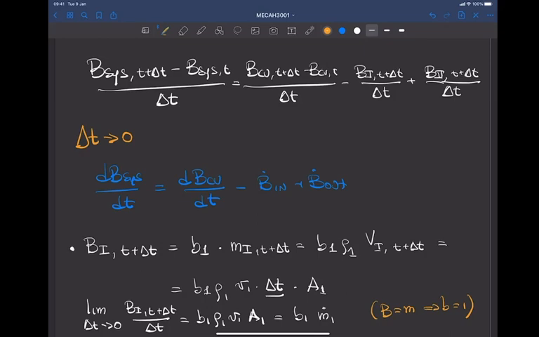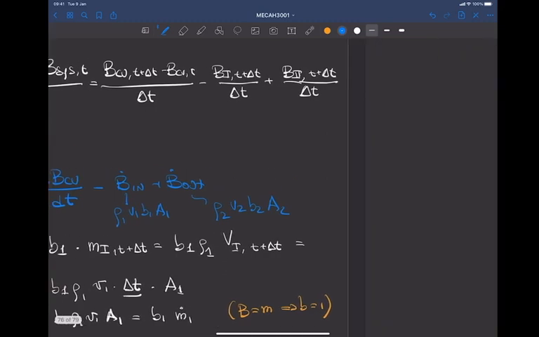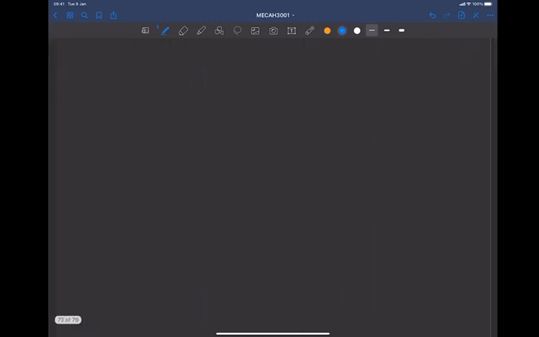So to summarize here, this expression B in is simply rho 1 v1 b1 A1, and B out is rho 2 v2 b2 A2. Okay, so this means that we can rearrange the equation and write it in the following way.